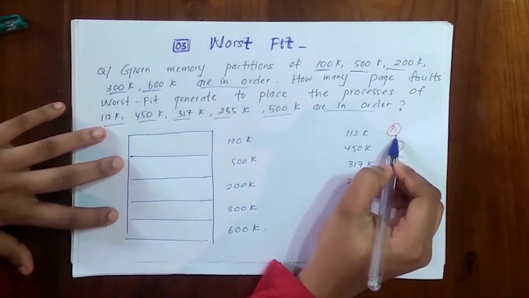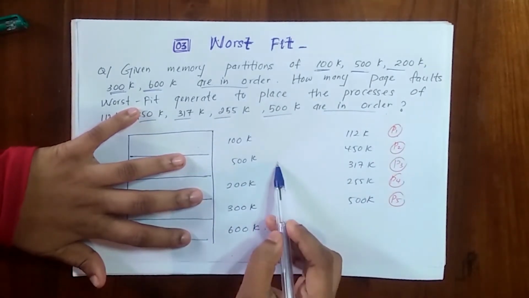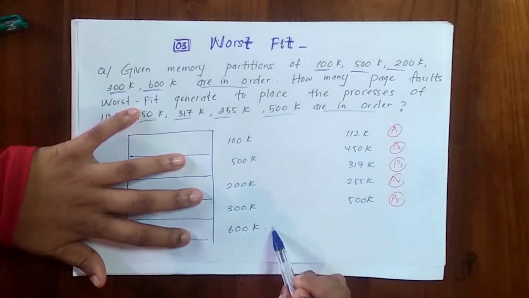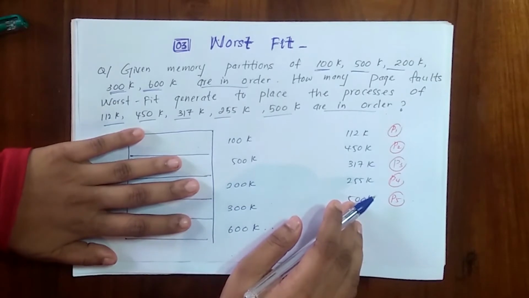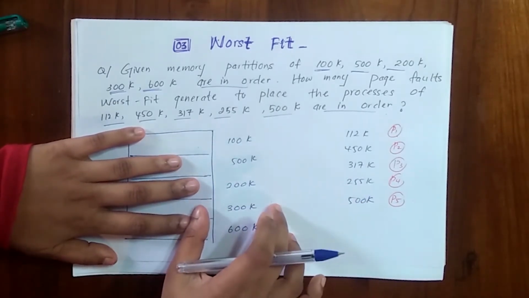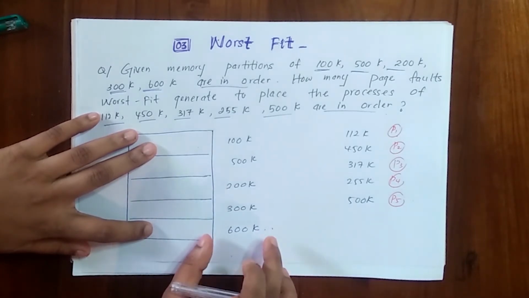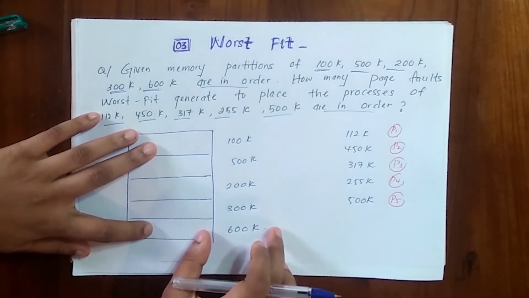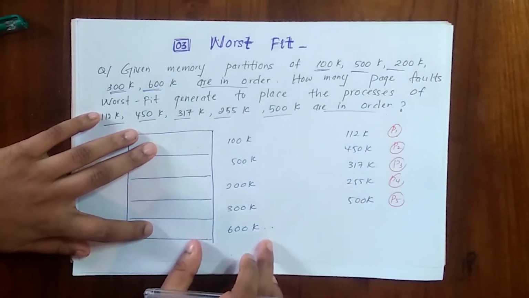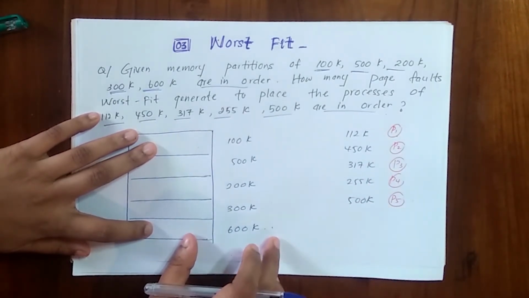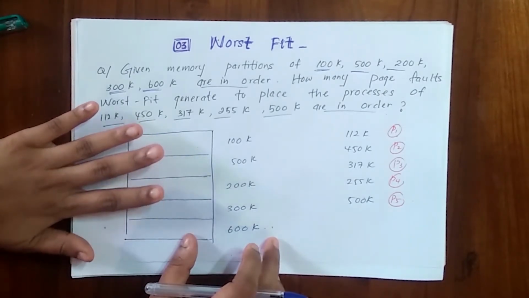You take one process and bring it here and check in which partitions we can place it, and from those partitions you have to place the process in the largest partition, which means when you place the process in the particular partition, the available space is large, right?